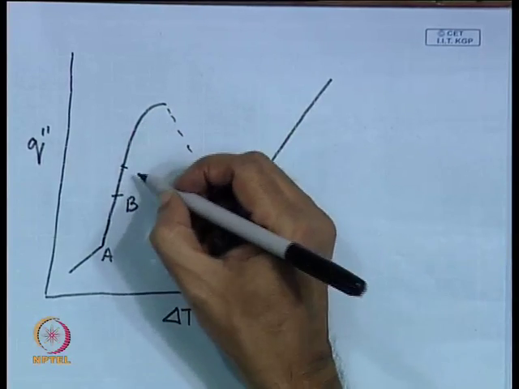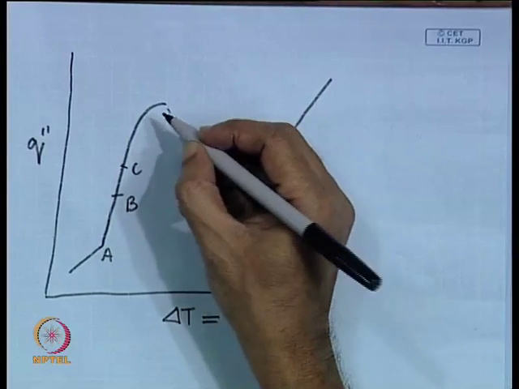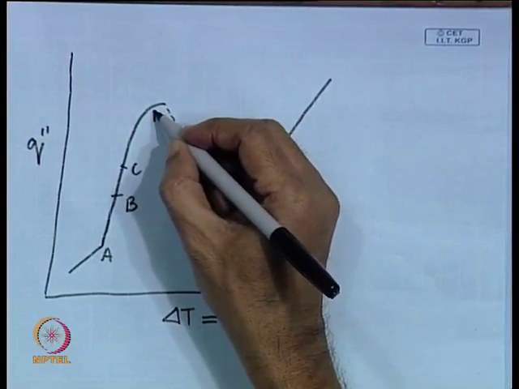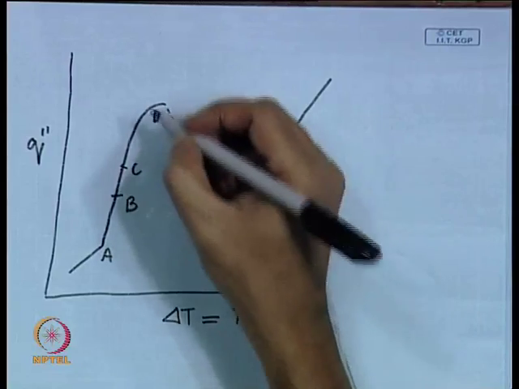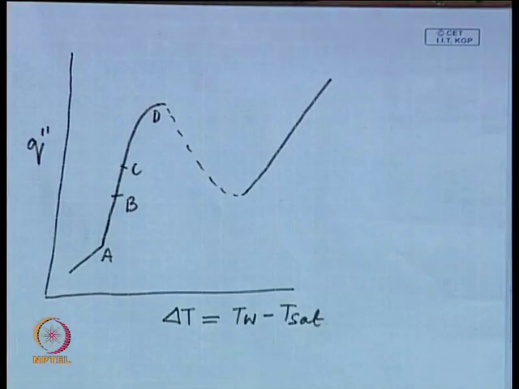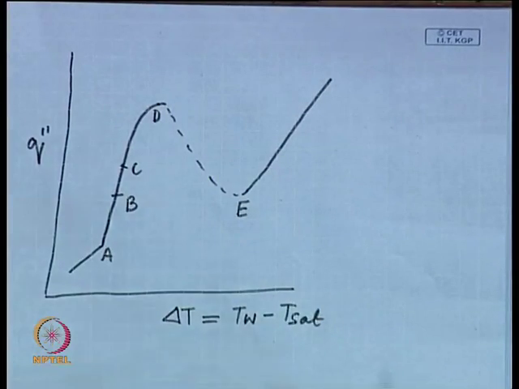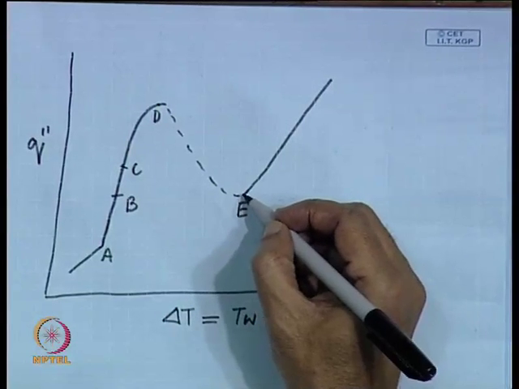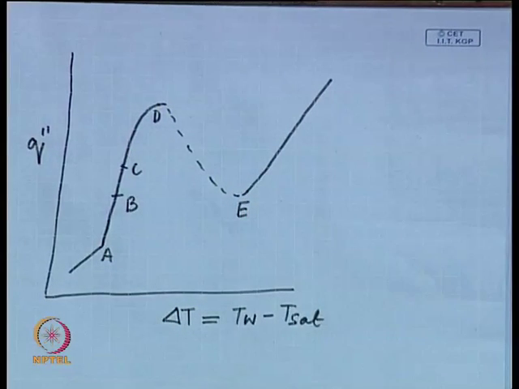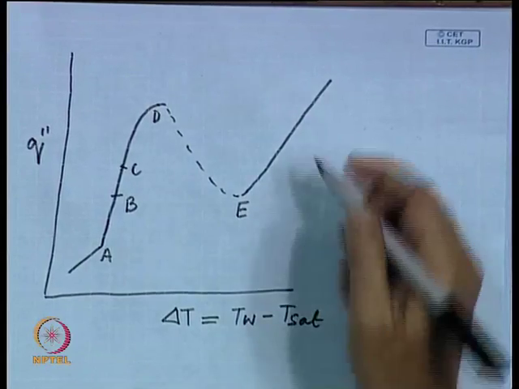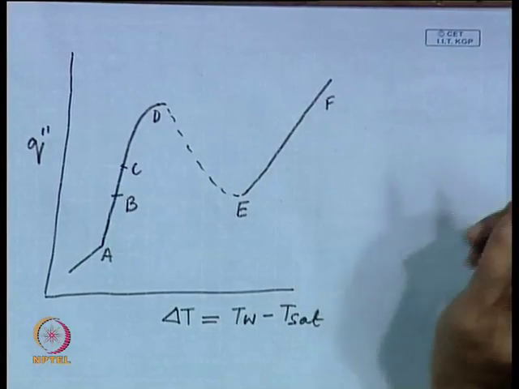Let us say this is C, then up to D we have the fully developed nucleate boiling region, and at D we have the critical heat flux. D to E is the transition boiling region, and at E we have the inception of film boiling. The heat flux related to E is known as the minimum heat flux for film boiling. Then E to F we will have radiation.